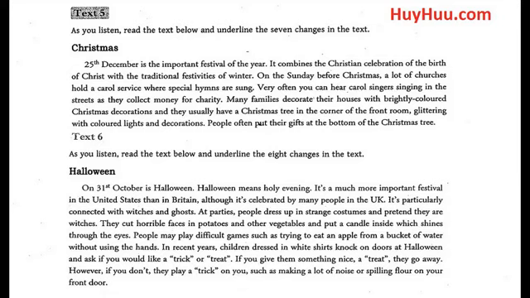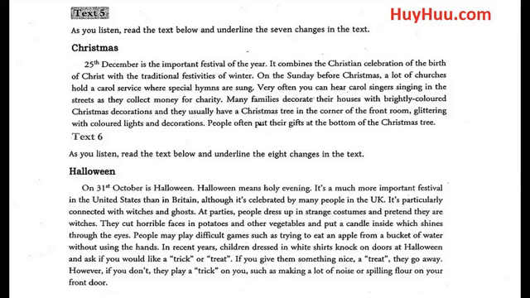Halloween. On the 31st of October is Halloween. Halloween means Holy Evening. It's a more important festival in the United States than in Britain. Although it's celebrated by many people in the UK, it's particularly connected with ghosts. At parties, people dress up in strange costumes and pretend they are witches. They cut horrible faces in pumpkins and other vegetables and put a candle inside which shines through the eyes.